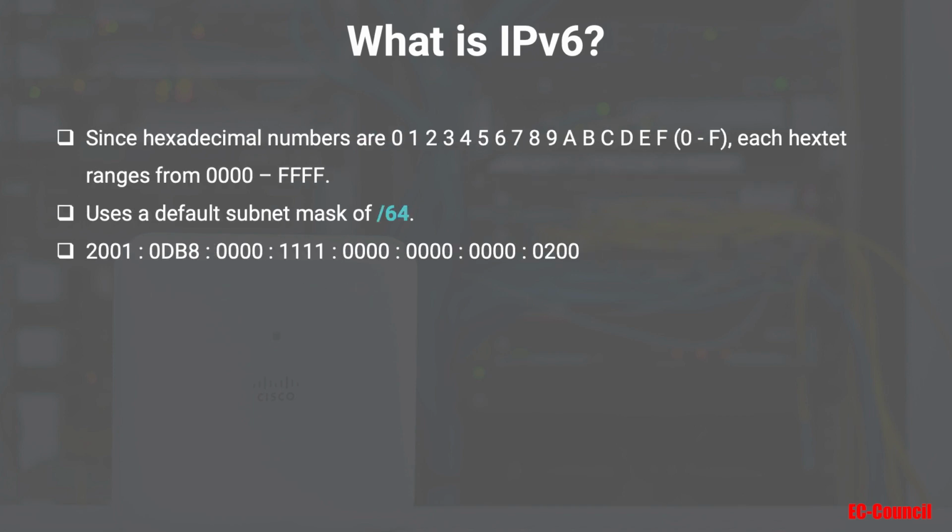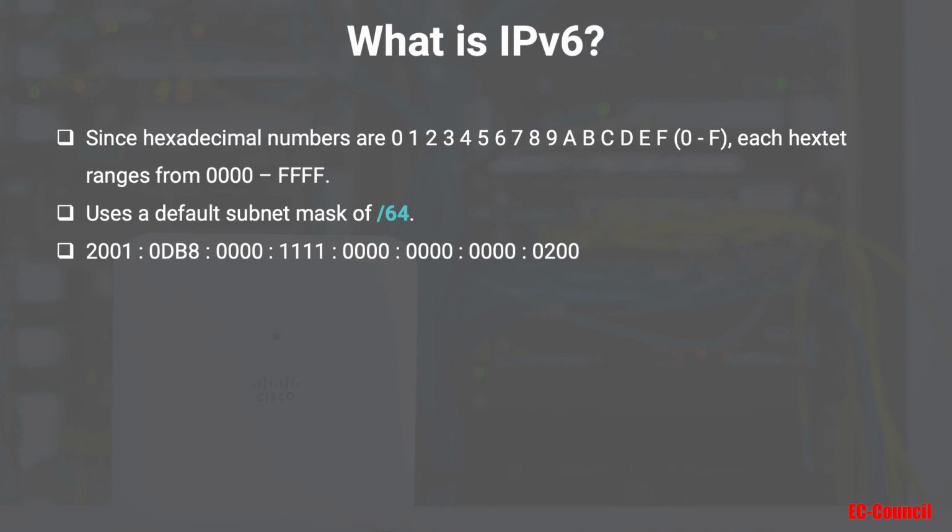And here you can see the hexadecimal values, which range between 0 to 9, and after 9, there's A to F. So to put it simply, each hextet ranges from 0000 to all Fs. The default subnet mask for any IPv6 address is /64.